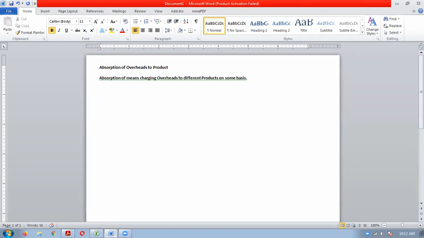For example, some important bases are machine hour rate. So in machine hour rate method, overhead will be charged to product on the basis of machine hour.